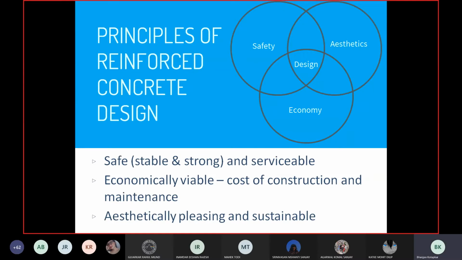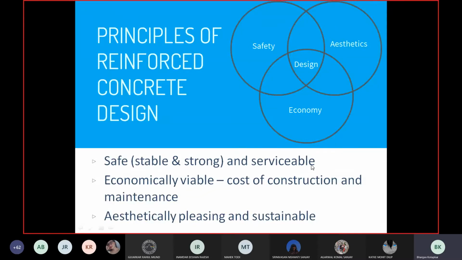The aim of this course, or the aim of reinforced concrete design in general, is to design a structure in such a way that it fulfills its intended purpose during its intended design lifetime. The first thing is that it should be adequately safe, meaning that it should be strong, stable, and safe in terms of its structural integrity.